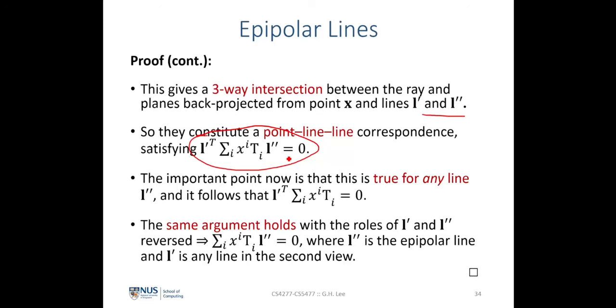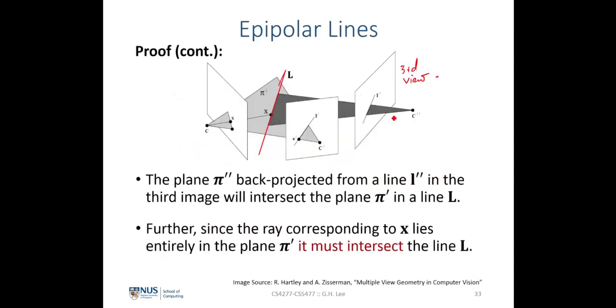So now the important part to note is that this relation must be true for any L'', for any line in the third view. Notice that we didn't put any constraint that this L'' over here in the third view must be any particular line. Whereas in contrast, in the second view over here, we define very strictly that L' is going to be the epipolar line, because it has to be formed by the projection of this light ray from the first image onto the second image.